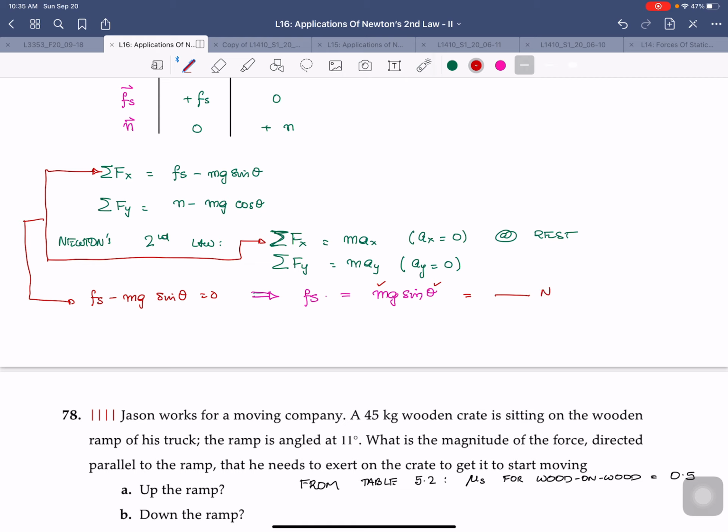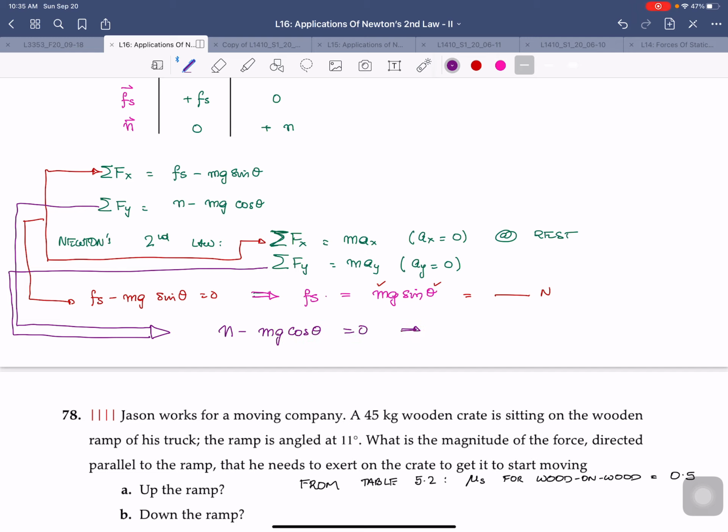What is the other equation good for? From the second set of equations, if you look at the y component of the net force, that tells you that n minus mg cosine theta is equal to 0.